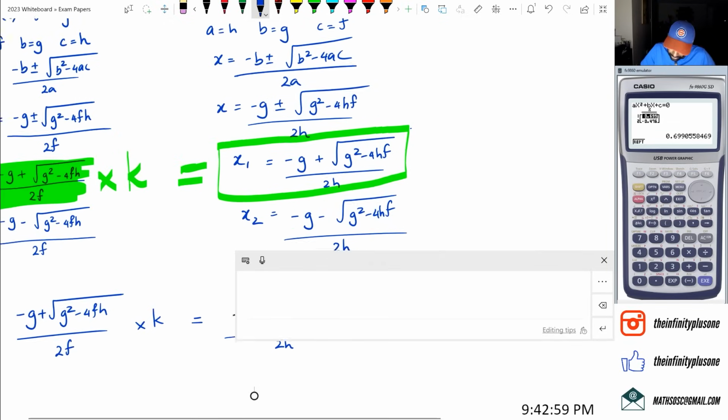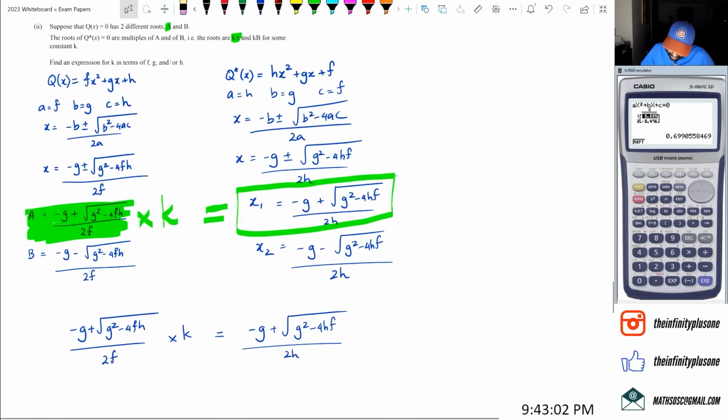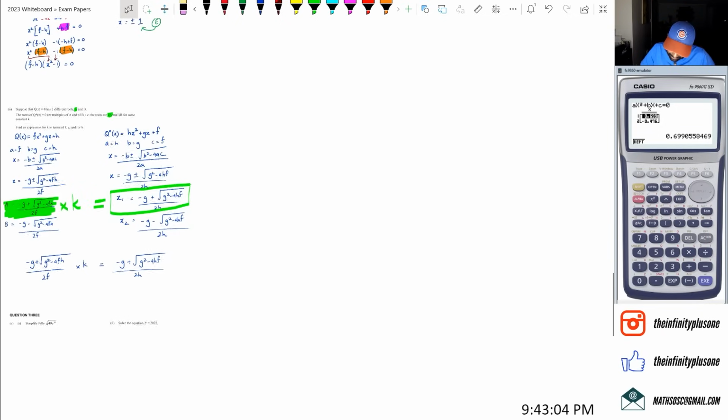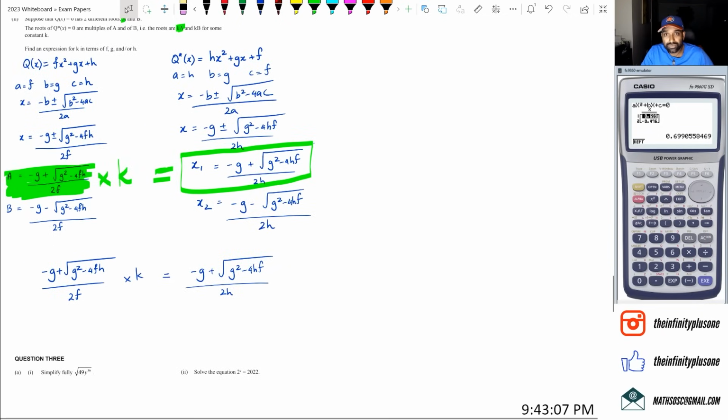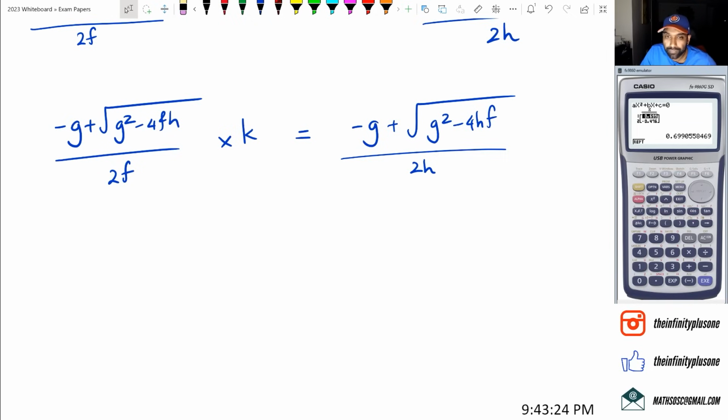At this point, I'm running out of space. Let me just fix that. I'm going to put a whole lot of brackets here: this as a bracket, this as a bracket, and these two things as a bracket.